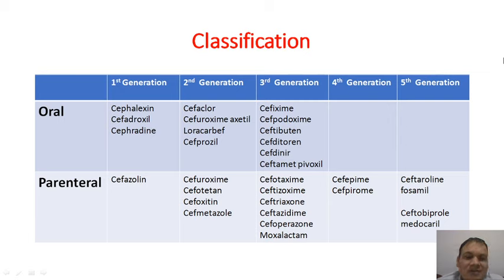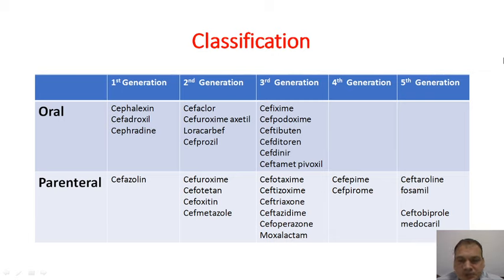And among this third generation, among the oral category, you have got cefixime, cefpodoxime, ceftibuten, cefditoren, cefdinir and cefetamet pivoxil. Okay. And among the parenteral, you have got cefotaxime, ceftizoxime, ceftriaxone, ceftazidime, cefoperazone, moxalactam. Okay.